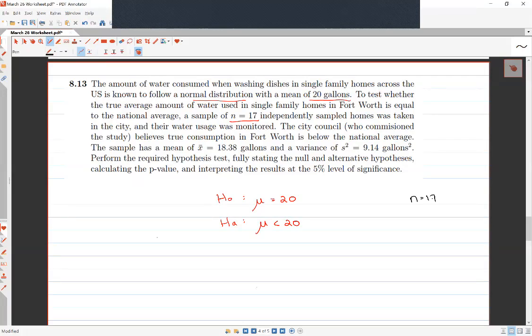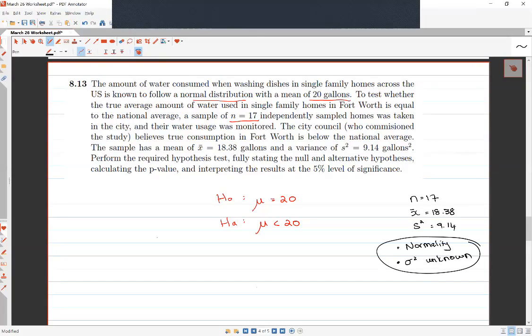For our sample size of 17, we observe an average of 18.38 gallons and a sample variance of 9.14. So we have normality, but we don't know what the population variance is.